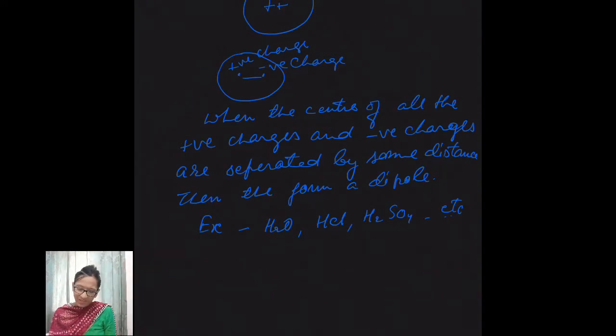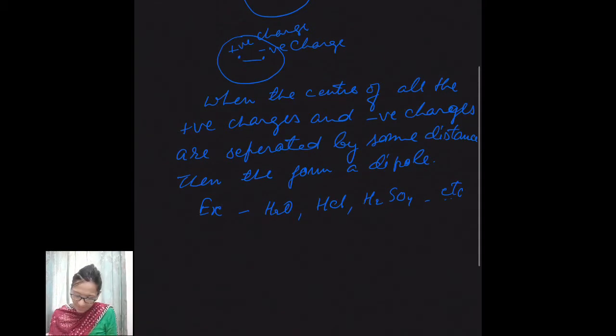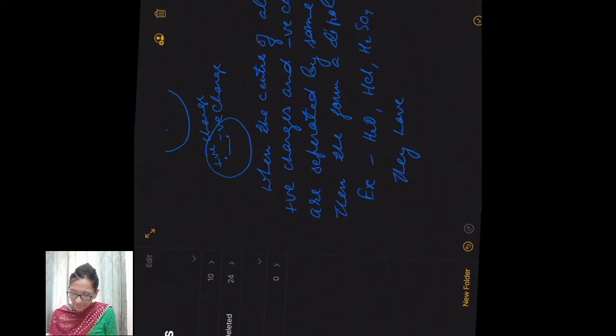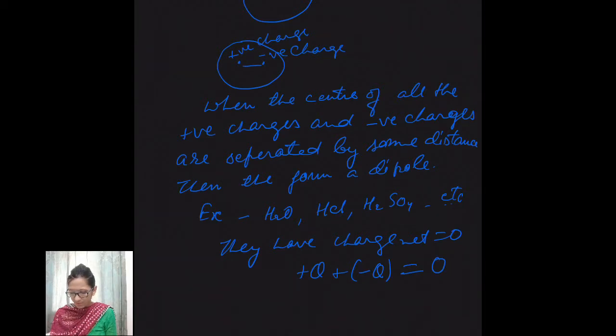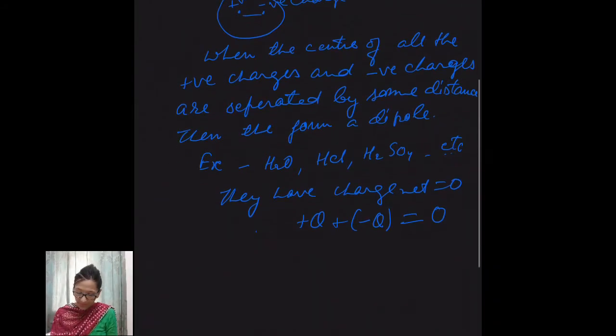Now these are very special molecules. They have net charge equal to 0, because all the positive charges plus all the negative charges give net charge equal to 0. But they have an electric field.